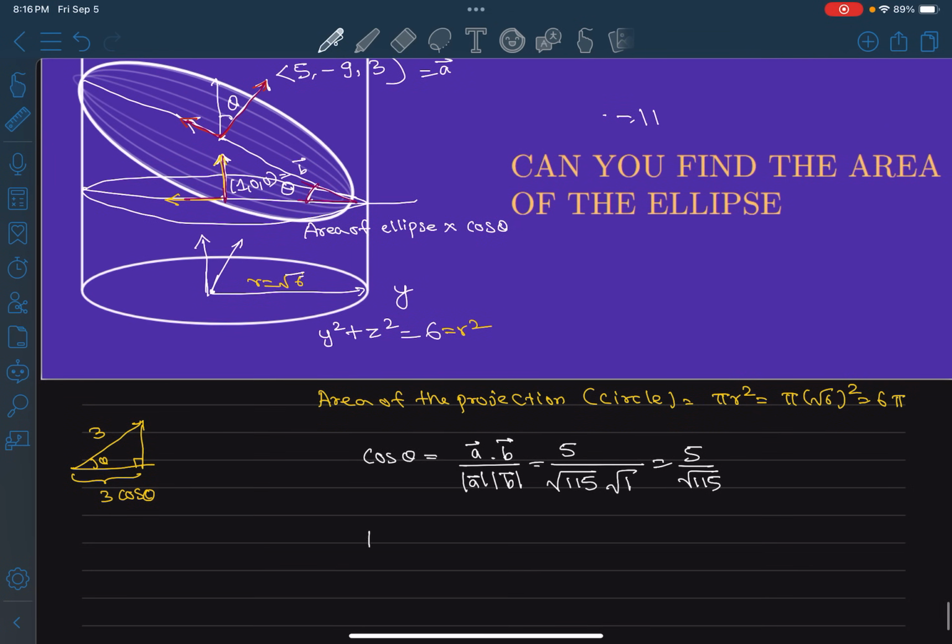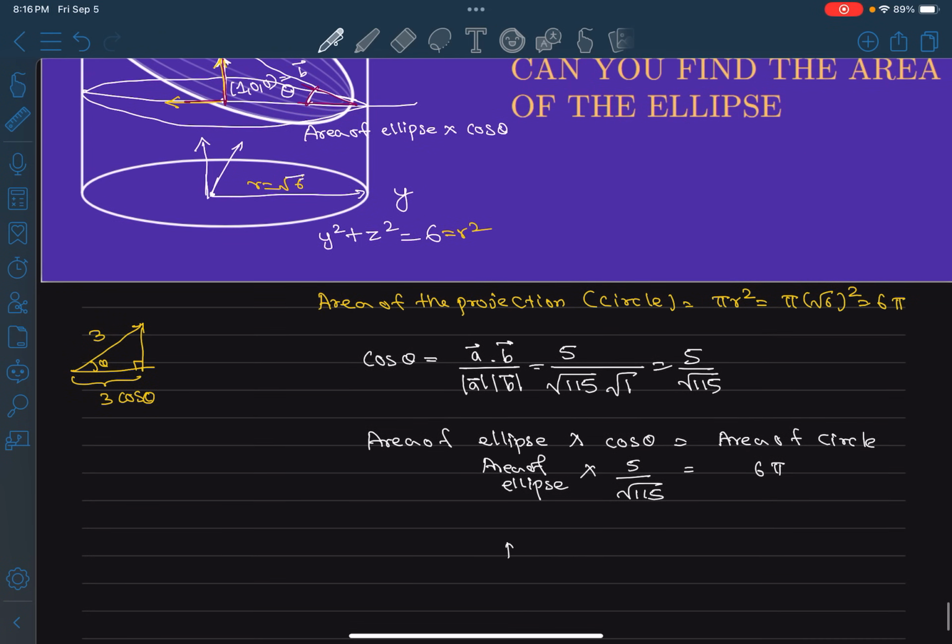Now the area of the ellipse times cos theta should be the area of the circle. The area of the circle we already know is 6 pi, so 6 pi equals 5 over square root of 115 times the area of the ellipse, and therefore we easily find that the area of the ellipse is 6 pi square root of 115 divided by 5 square units, and that's the area, guys.